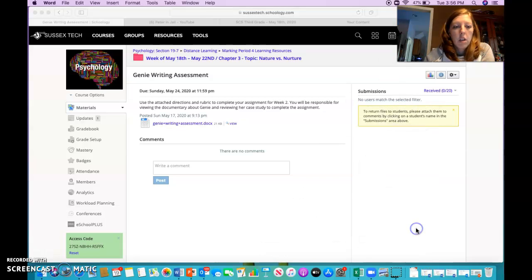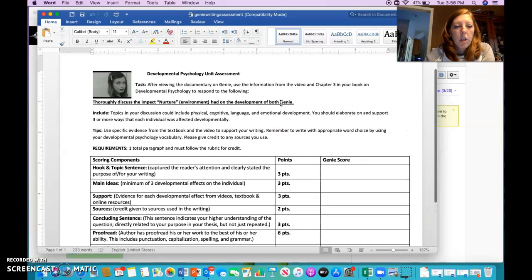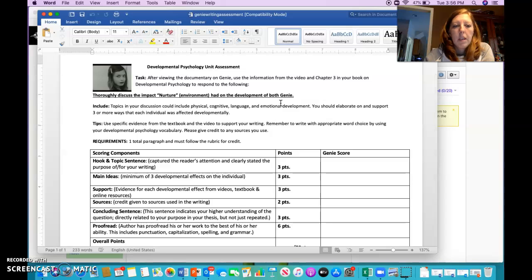All right, this is the rubric for what you're going to be asked to do. The topic here is to discuss the impact of nurture. We talked about nature versus nurture.